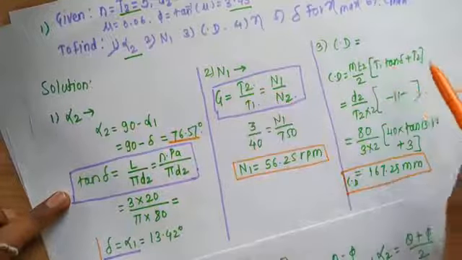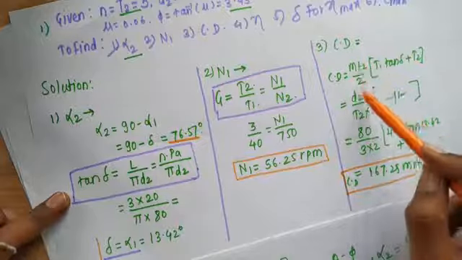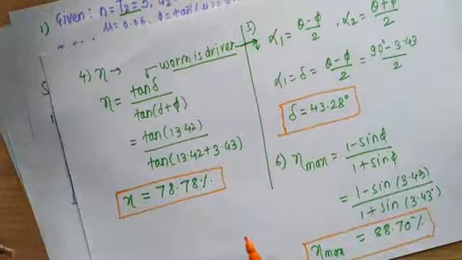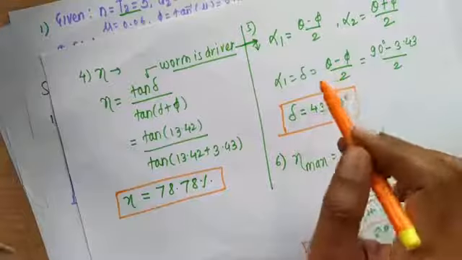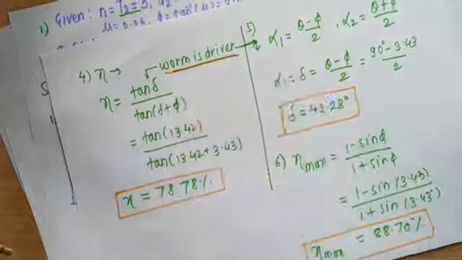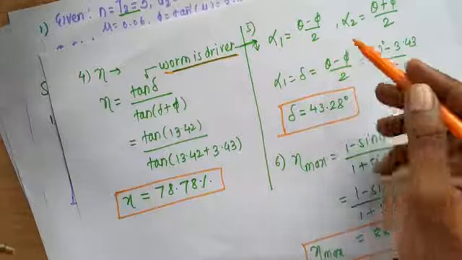To find the central distance, we know this formula already. We just need to put the value of mt2 in terms of d2 upon t2, and then finally for finding efficiency and the condition for maximum efficiency, we first check who is driver. As worm is driver here, we use the corresponding formulas.